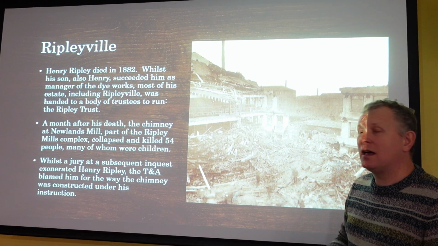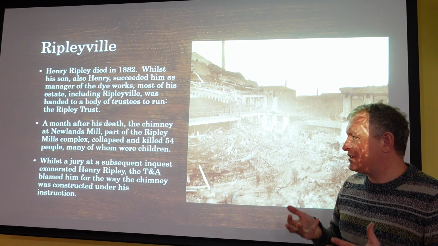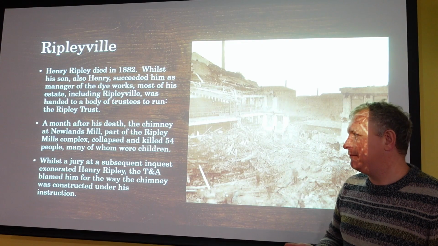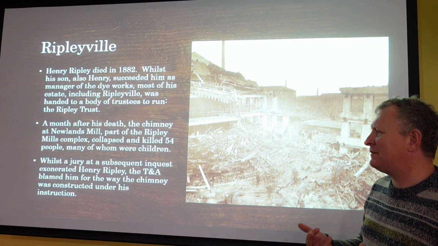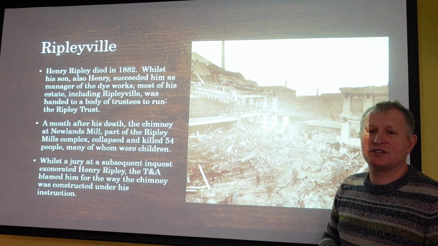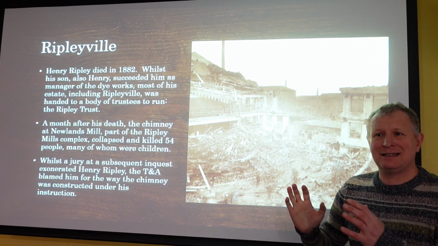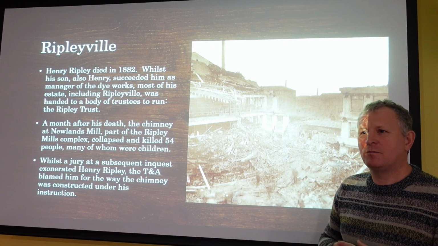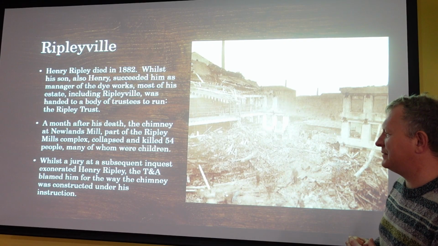But the Telegraph and Argus absolutely savaged him. They blamed him for it. They decided that the way the chimney was constructed was unsafe, and apparently it had been done under his close instruction as well, so it's not like he'd had a hands-off role in its creation.